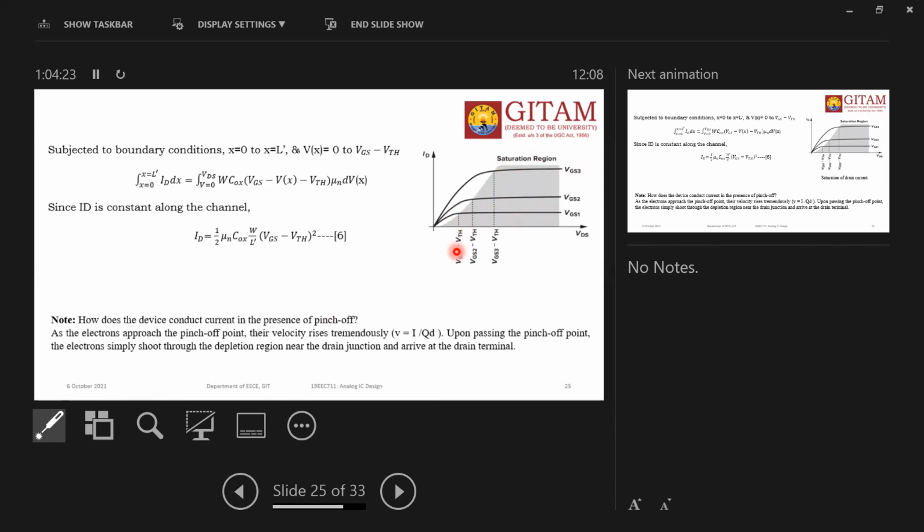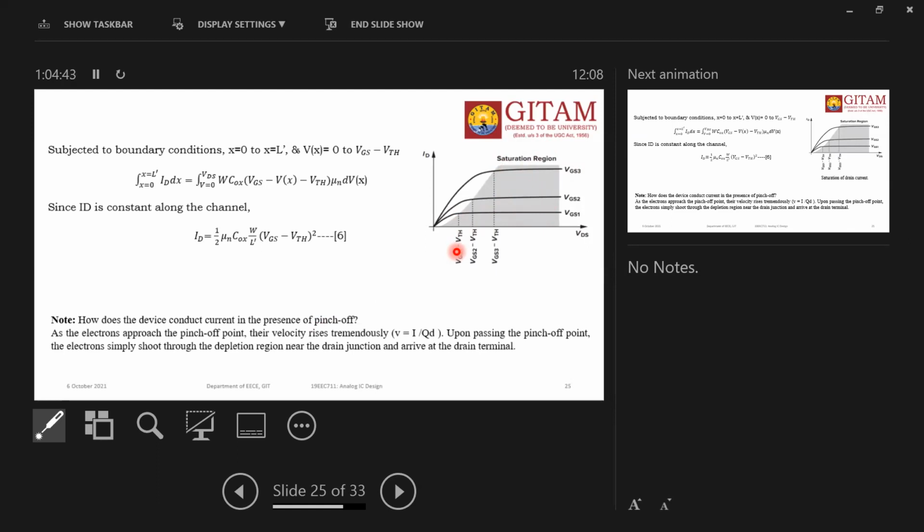As the electrons are approaching the pinch off point, from the pinch off point to the drain there is no path, so their velocity rises tremendously. The QD value keeps decreasing. What is the QD value at the pinch off point? 0.